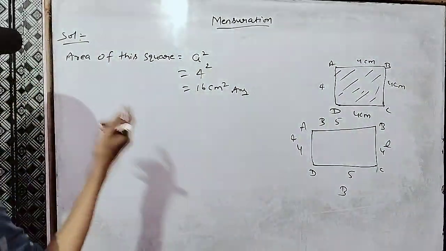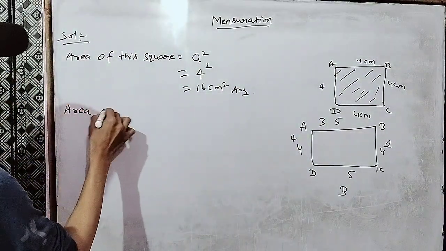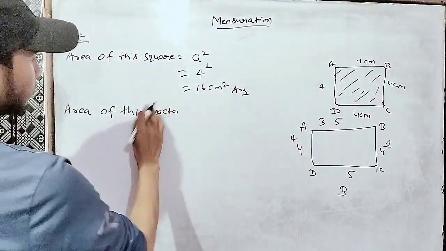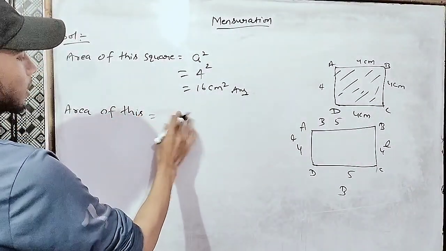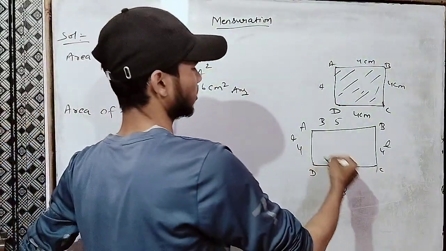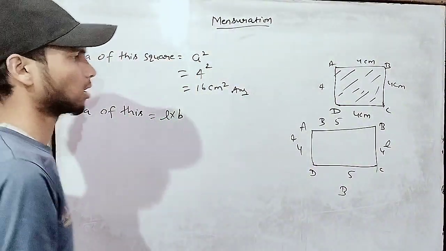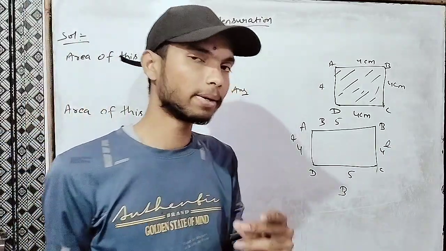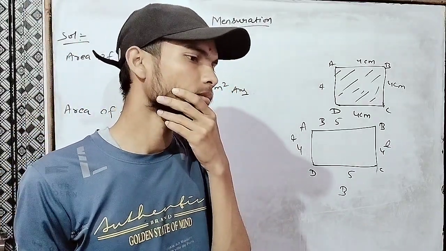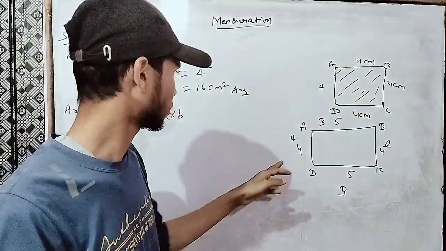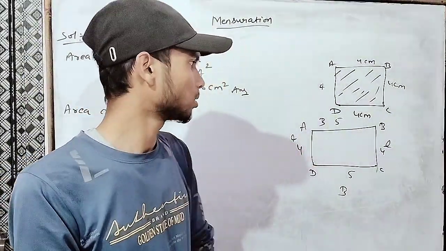Now what about the area of this rectangle? It is just L multiplied by B. We don't take the same length again.